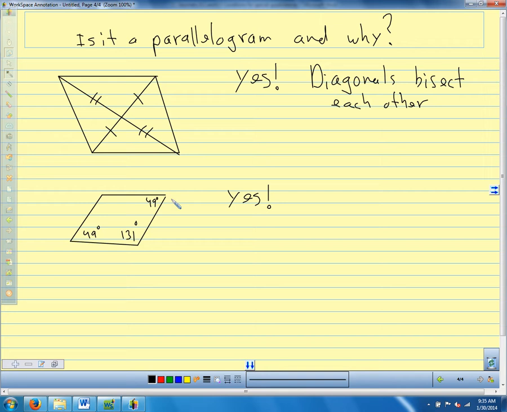Or remember, we had to have two things happen for each situation. But it has to have something to do with angles, right? So what do we know about the angles? What's that? 49 and 131. These are supplementary.